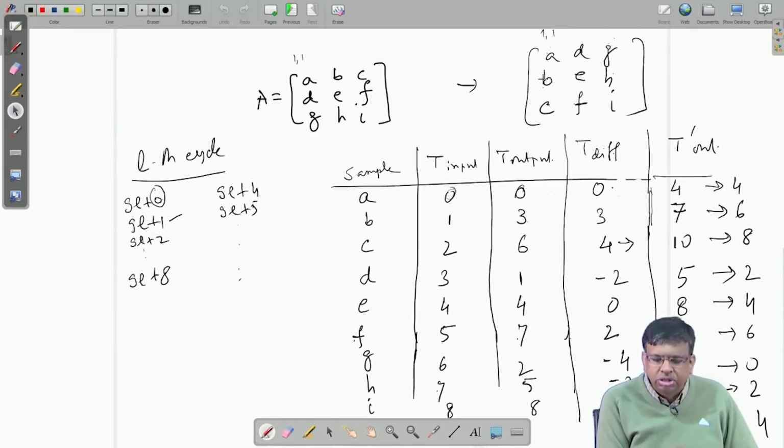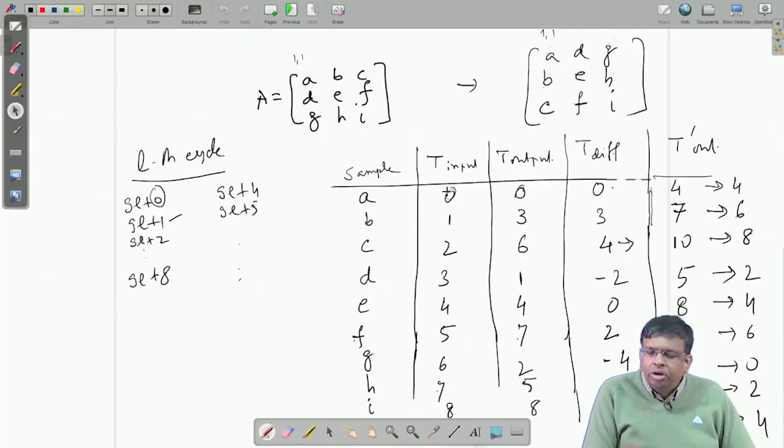So in 9L plus 0, it reads the sample A. This means T input is 0, that is 9L plus 0. It is not required to be stored, because the writer will write it in the same place, 1 comma 1. So T output is also 0, and the difference between them is 0 cycles, that is why I need 0 cycles to store it. Let us go up to this.